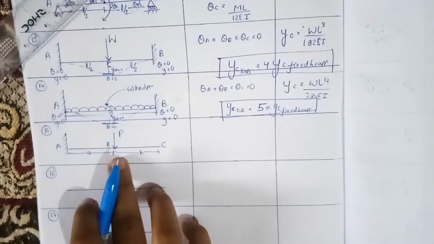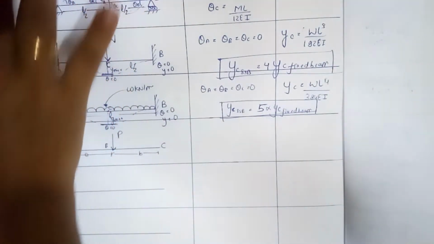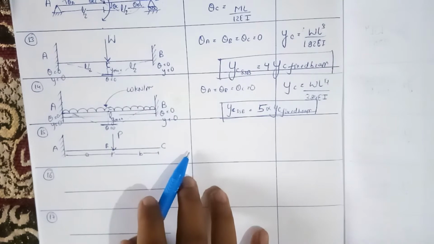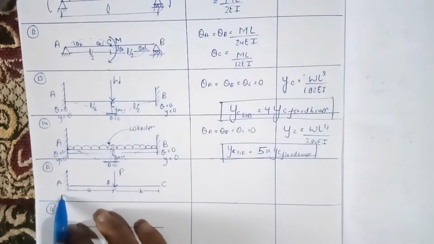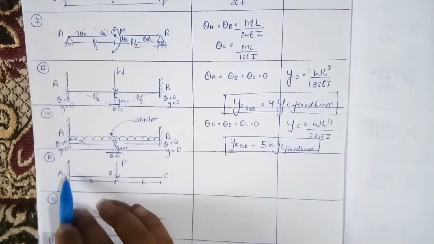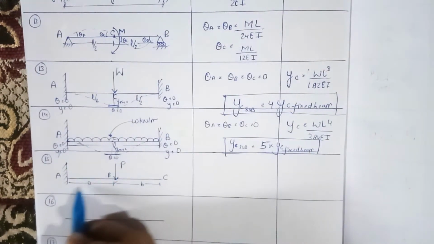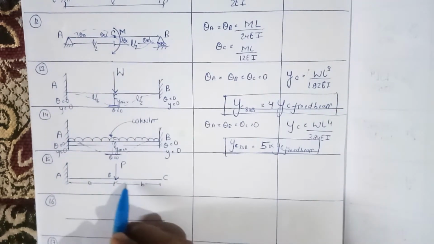Next we will see one important case, that is not a standard result, but this is generally asked in some competitive exams, so you must know this. If this kind of loading is given to you, and this is a cantilever beam, fixed at one end and free at the other end, and the load P is applied somewhere on the span, at distance A from the left support and distance B from the right end.